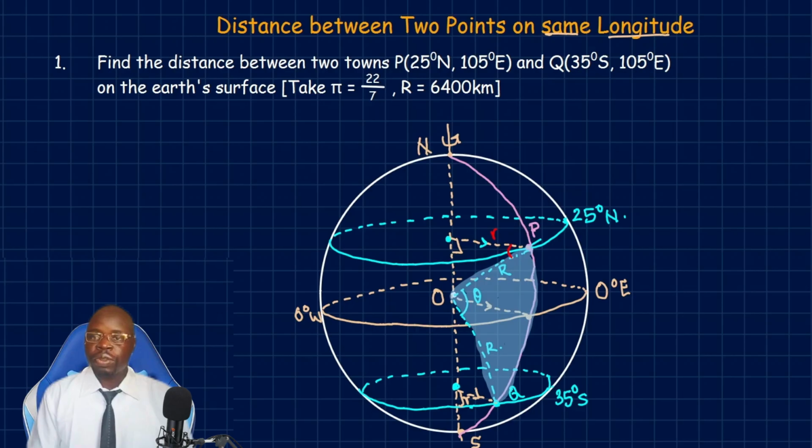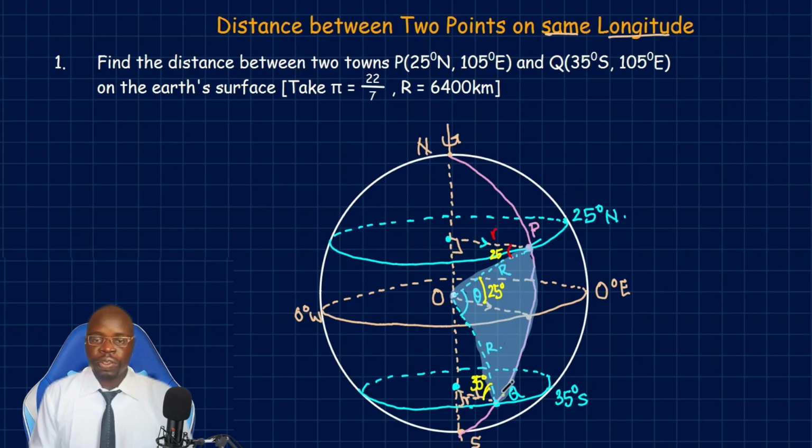So if this is 25 and this is a Z angle, then we know that from here up to here is also 25 degrees. Now the same thing applies here, meaning if this is 35, the angle from here up to this horizontal layer is also giving us 35.